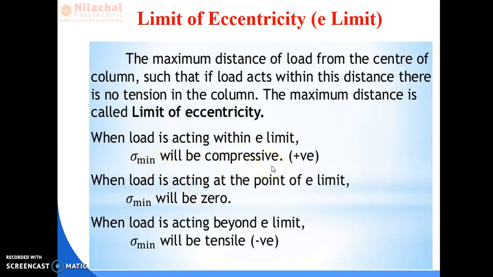If the load is acting at the point of the E limit, then sigma min is 0. When the load is acting beyond the E limit, the minimum stress will be tensile. So depending upon the eccentricity, the minimum stress value will be compressive, 0 or tensile.